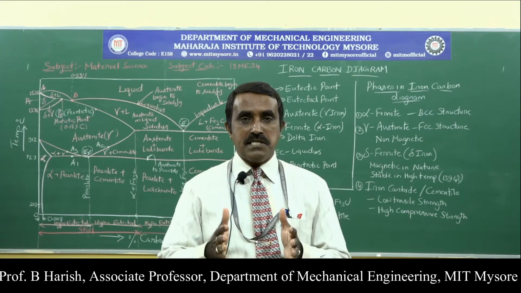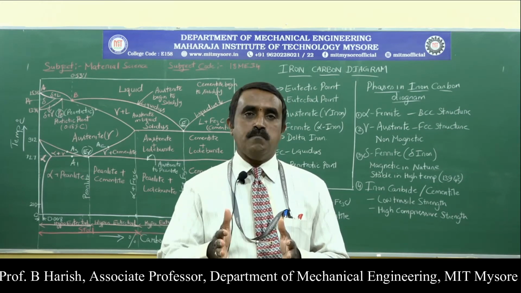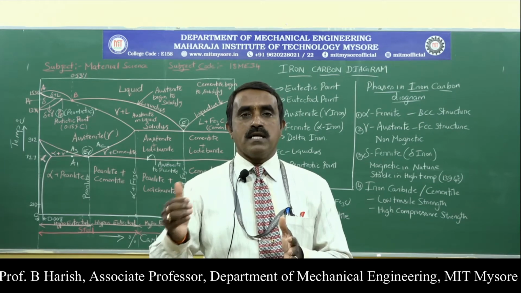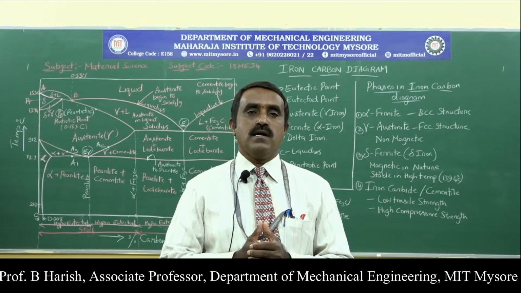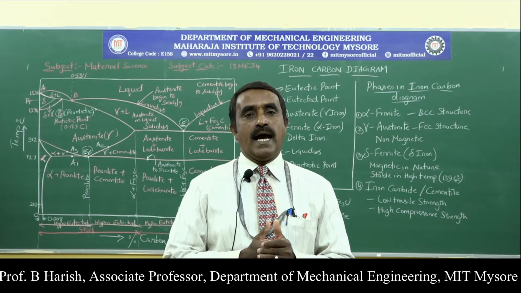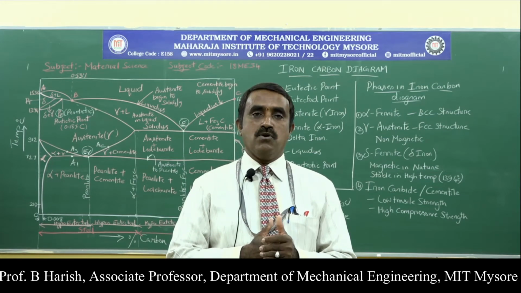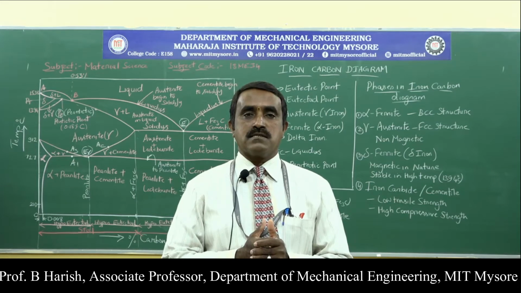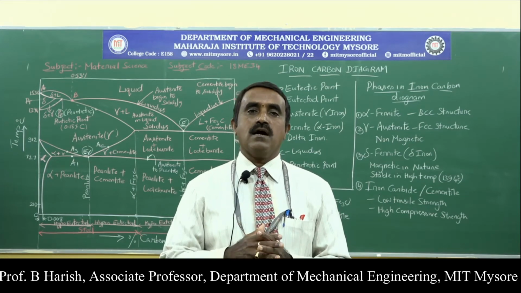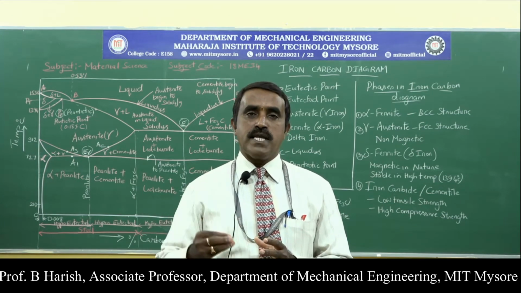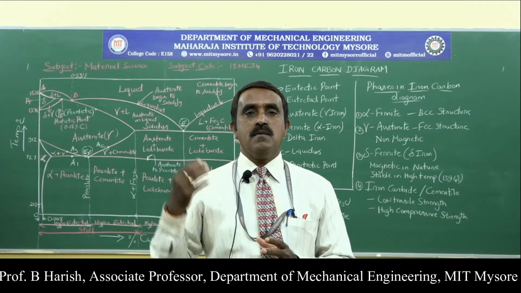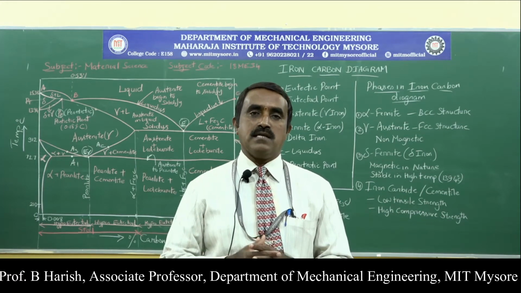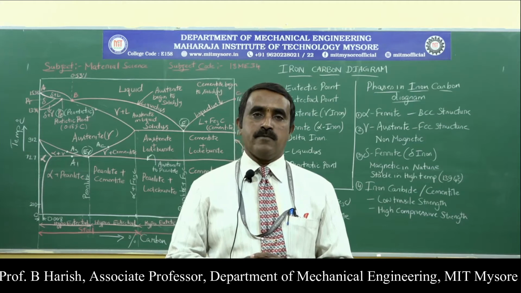Hence the changes that occur with respect to temperature and composition of carbon, that is what the iron carbon diagram shows. From this diagram we can study the changes that occur in iron with variation in temperature and percentage of carbon content.